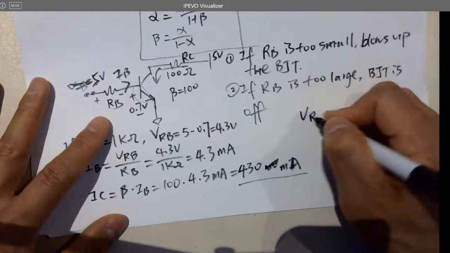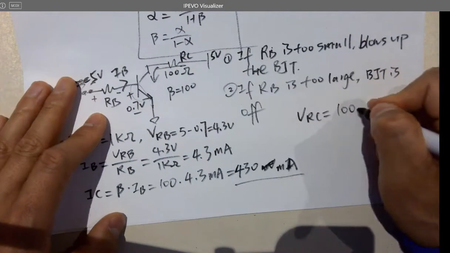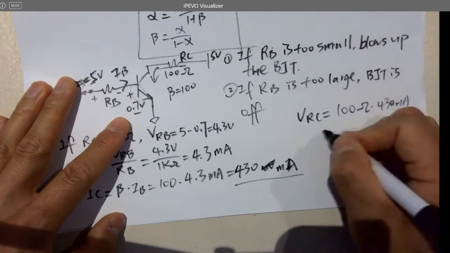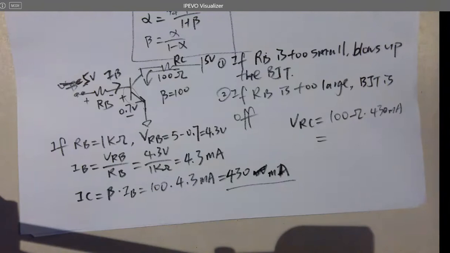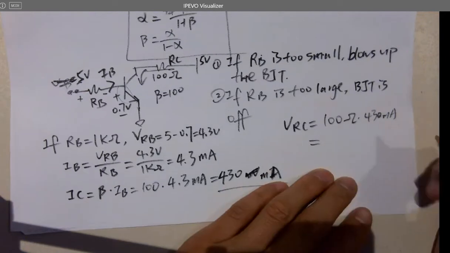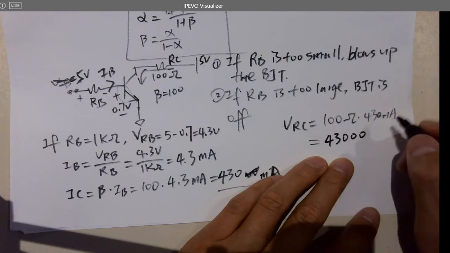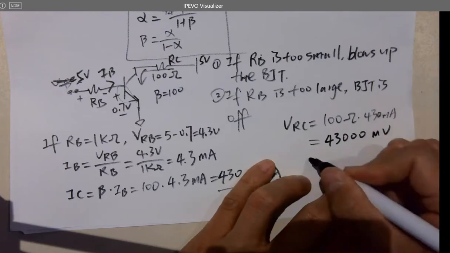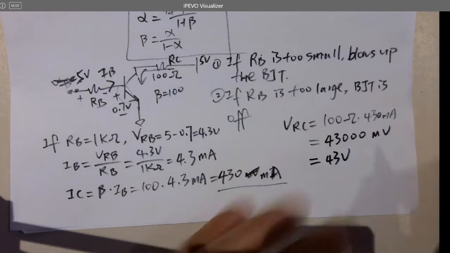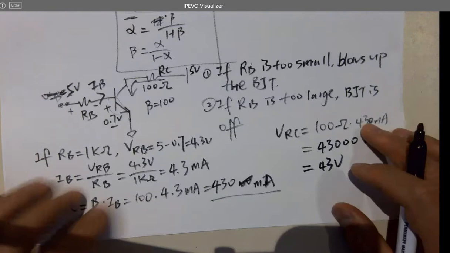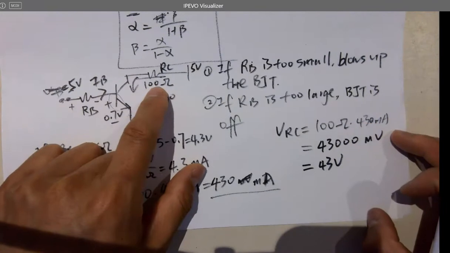So VRC equals 100 ohms times 430 milliamps, which is 43 volts. Is that possible? You only have 5 volts here, and it's dropping like 43 volts.